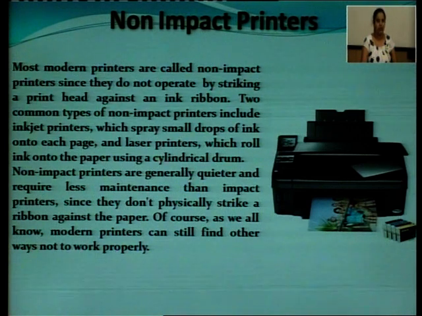Non-impact printers are generally quieter and require less maintenance than impact printers since they don't physically strike a ribbon against paper. Of course, as we all know, the modern printer can still find other ways not to work properly.